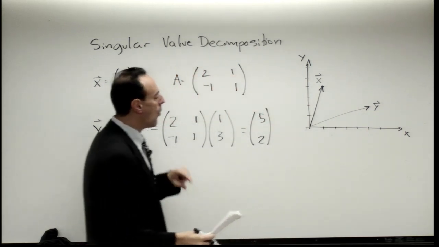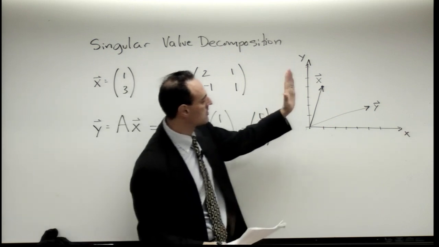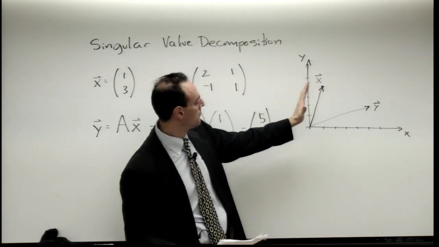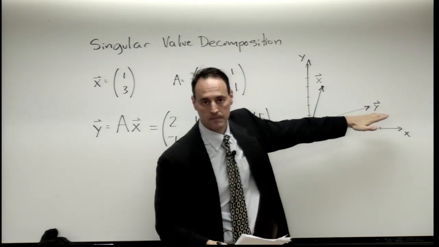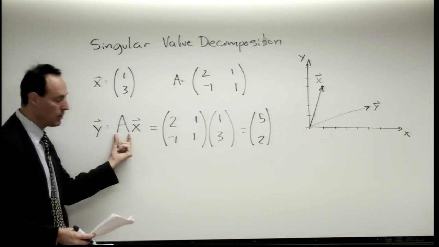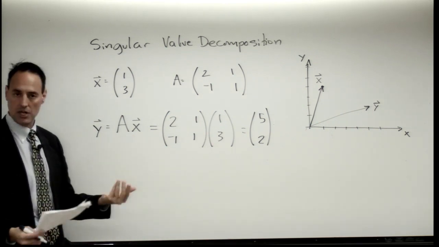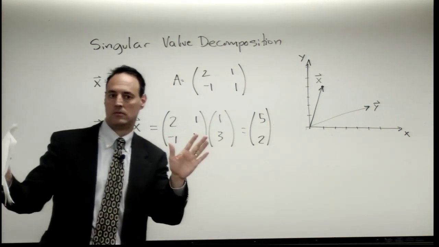So one way to think about this process is that what you actually did is you took this vector x, you rotated it, and then you stretched it. And in fact, in any process like this, what A really does is it rotates and stretches vectors. That's all.